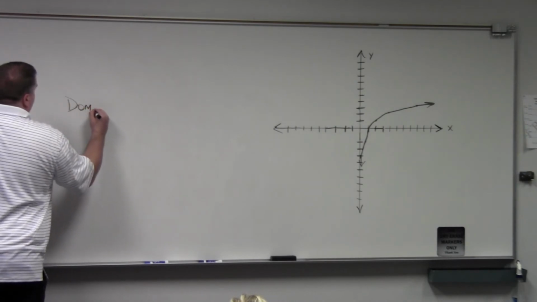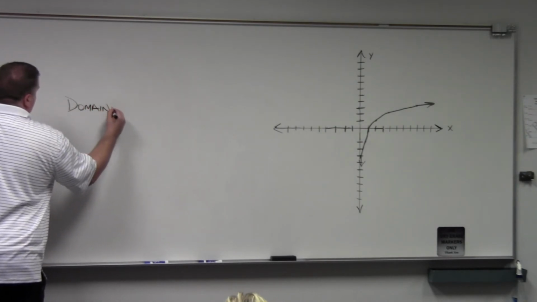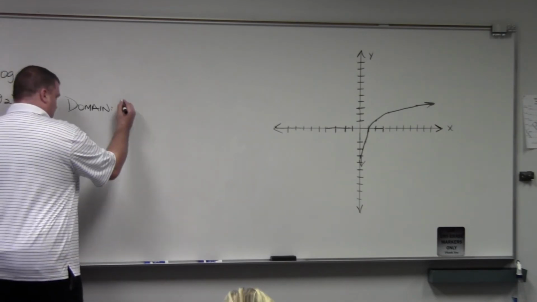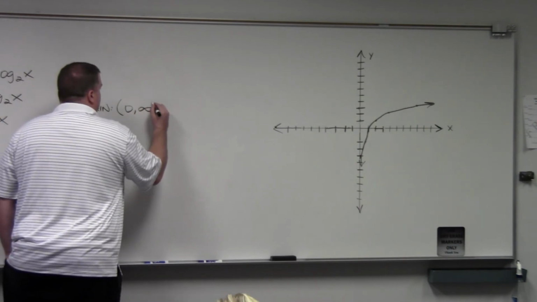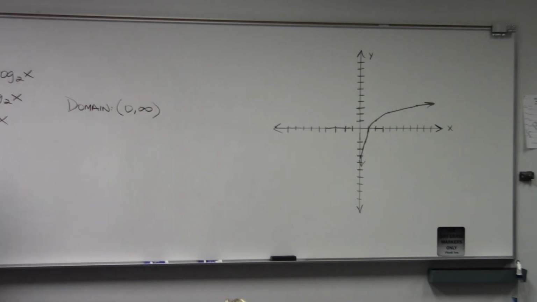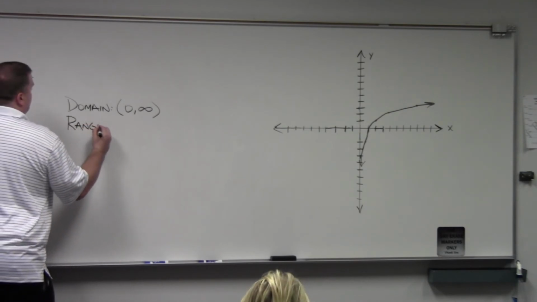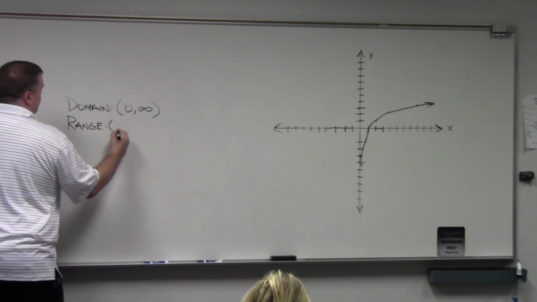So what would my domain be? Yep, 0 to infinity. Well, remember when y equaled 2 to the x, that was the range, right? They were switched. So what would the range on this one be? All real numbers.